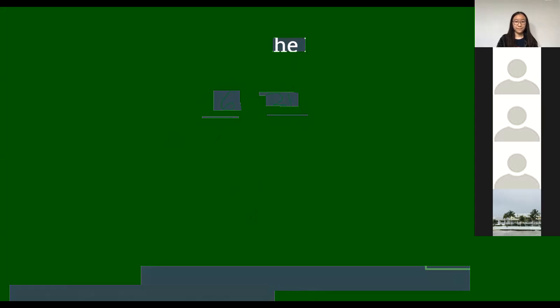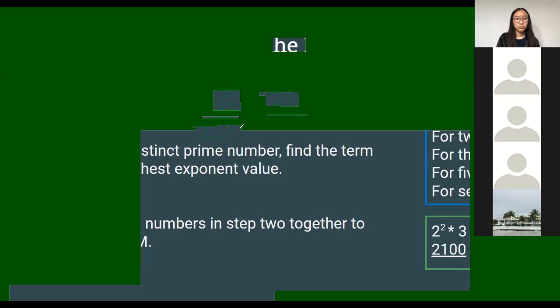It seems that everyone has pretty much gotten the answer of 42. That's good, but let me do it because the methodology might be a little confusing to some people. The prime factorization of 6 is 2 times 3, and the prime factorization of 21 is 3 times 7.